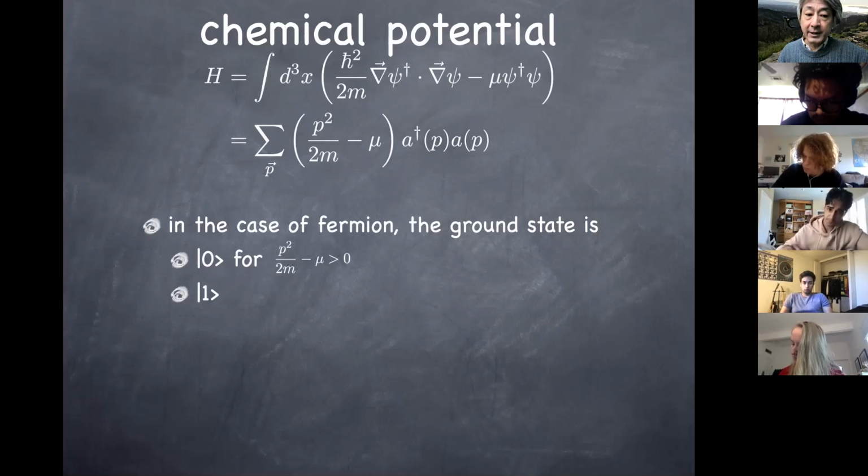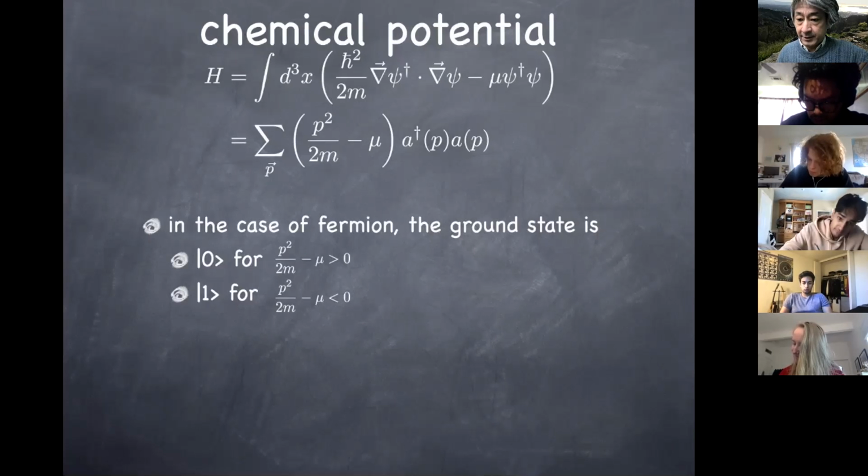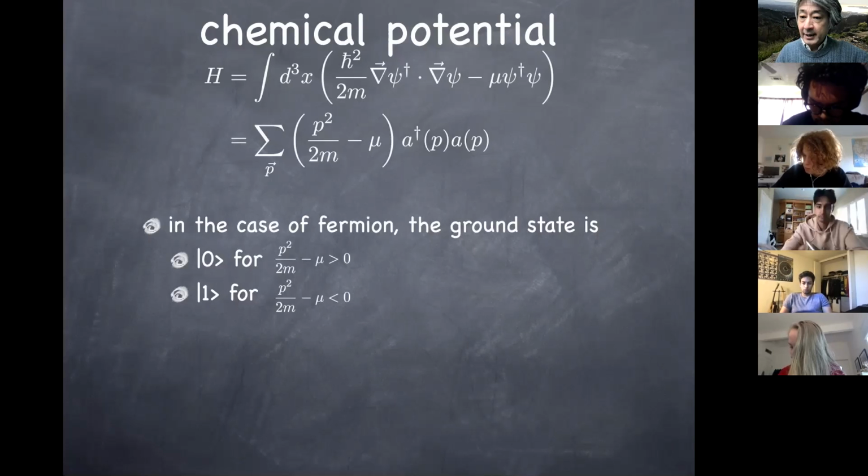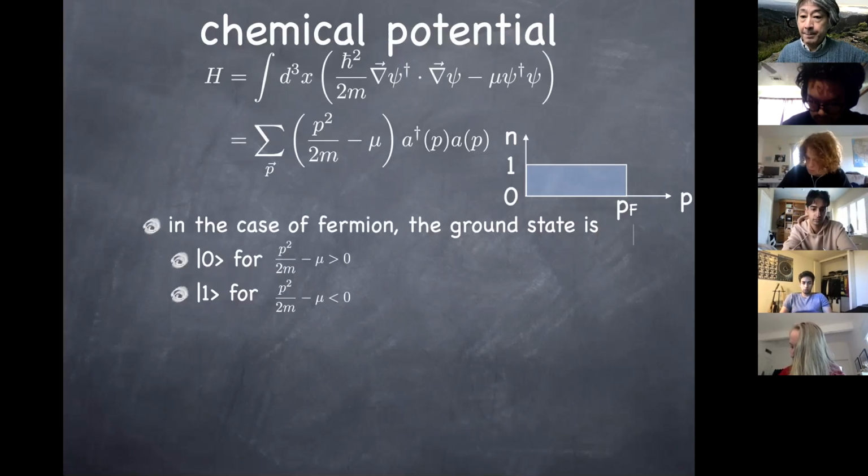So you like to use the singly occupied state for the momentum modes where p squared over 2m minus mu is negative instead. But unlike the case of the boson, you can't put more into the system. It stops there. So you cannot arbitrarily lower the energy beyond this. And therefore, this actually becomes the ground state. So the idea is very simple.